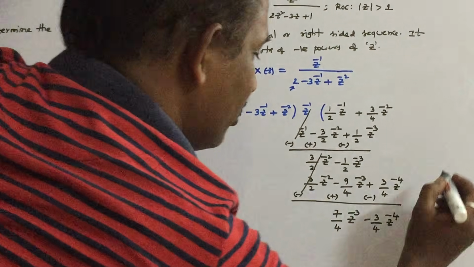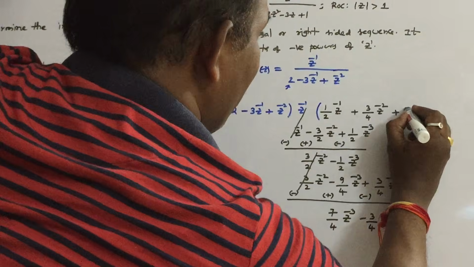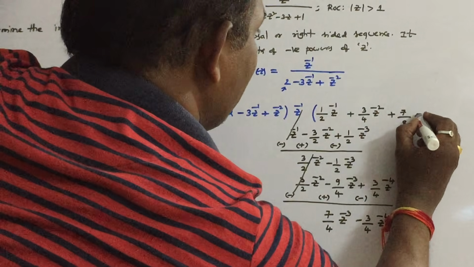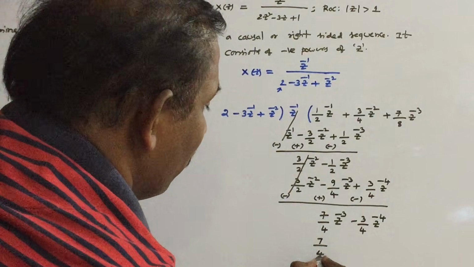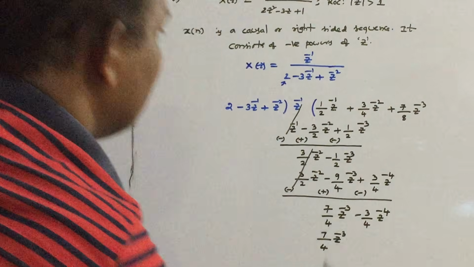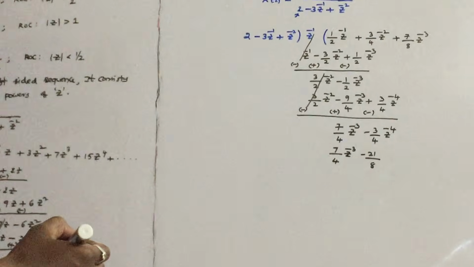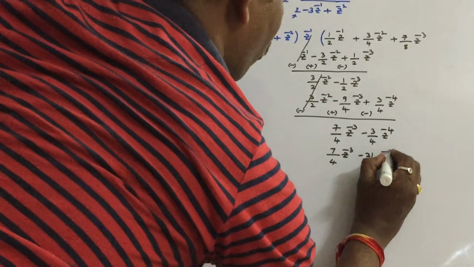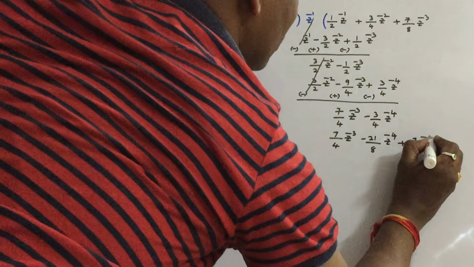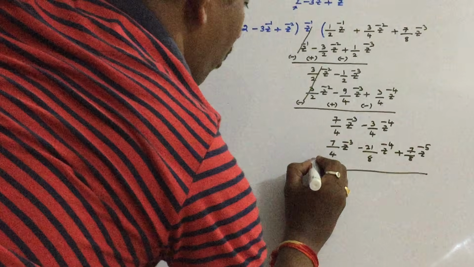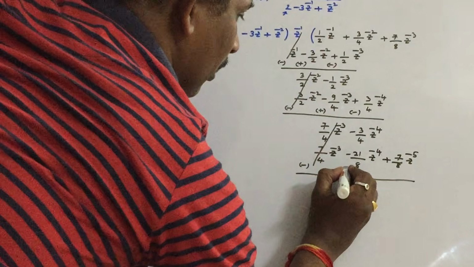To get 7 by 4 z power minus 3, just multiply with 7 by 8 z power minus 3. You get it as 7 by 4 z power minus 3 minus 21 by 8 z power minus 4 plus 7 by 8 z power minus 5. So you have to do the divisions carefully.